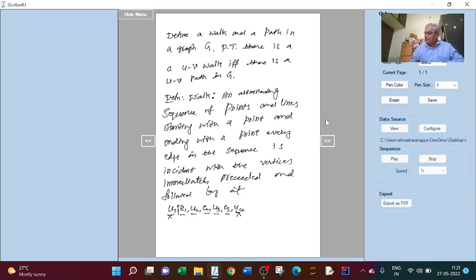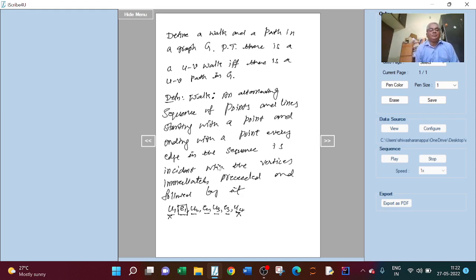Here E1 is incident with U1 and U2, E2 is incident with U2 and U3, and E3 is incident with U3 and U4. So this is a walk.